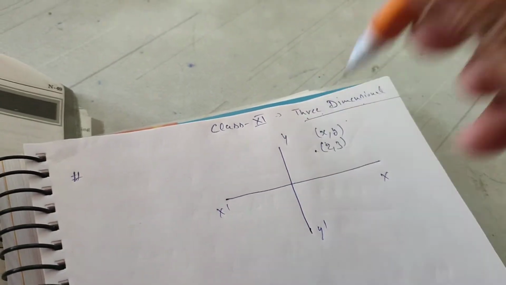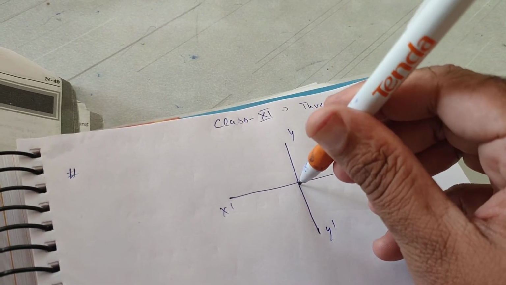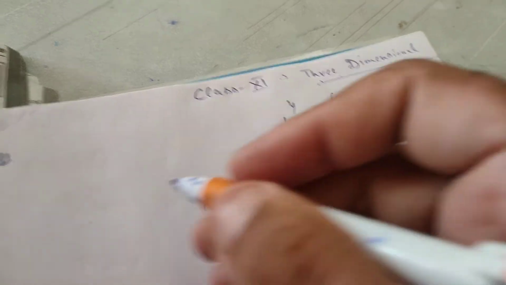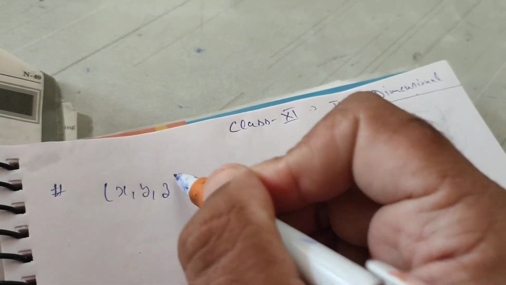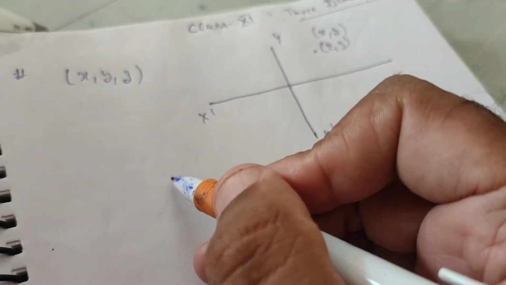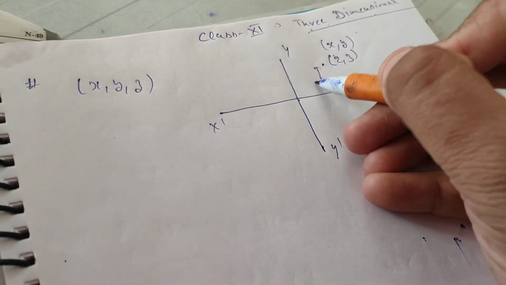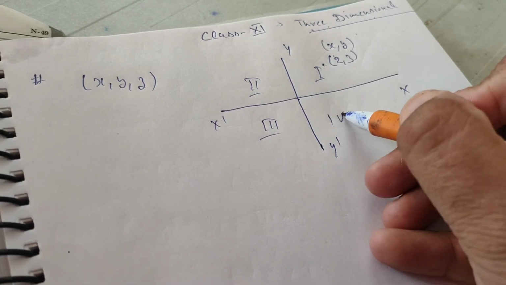If there is a perpendicular plane on that, you get a three dimension structure, in which there are 3 points of representation, that is x, y and z. In the plane, when we check it out, there are 4 quadrants: 1, 2, 3 and 4.